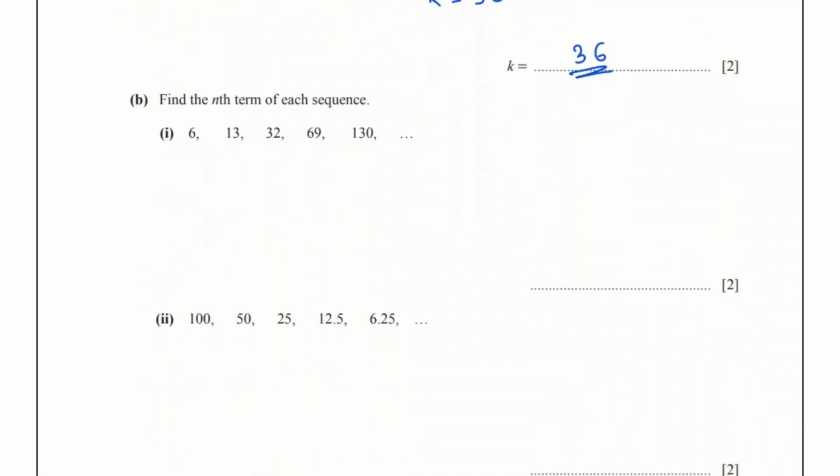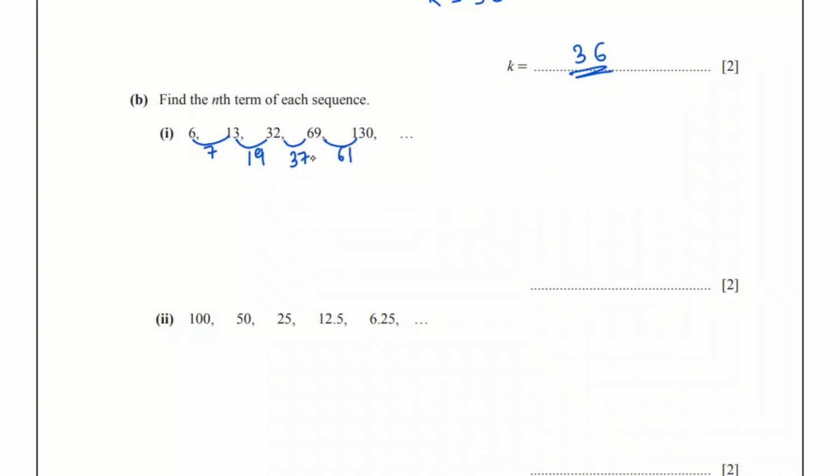Find out the nth term of the sequence. The differences: 13 minus 6 is 7, 32 minus 13 is 19, 69 minus 32 is 37, and 130 minus 69 is 61.